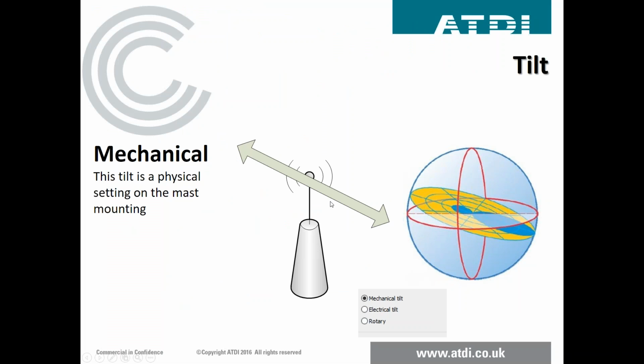You can see here that this is our main lobe coming down, and then the net effect of a down tilt in this case is that you push the back lobe upwards. On the right hand side, this is trying to give you a representation of the polar response of the antenna pattern. But obviously that mechanical tilt does change both the front and also the back lobe as well.